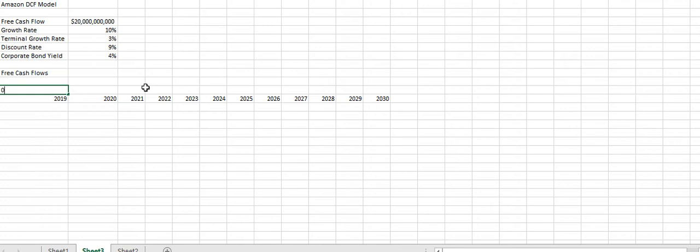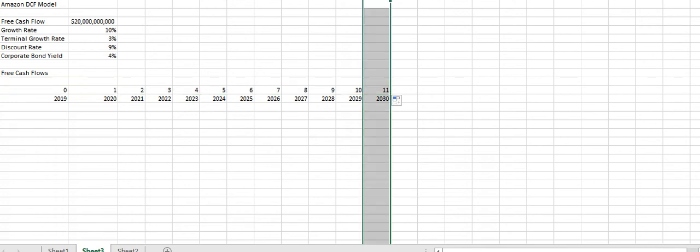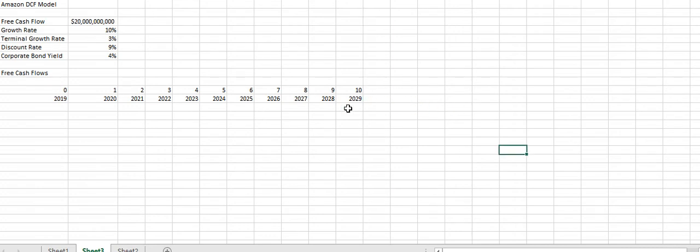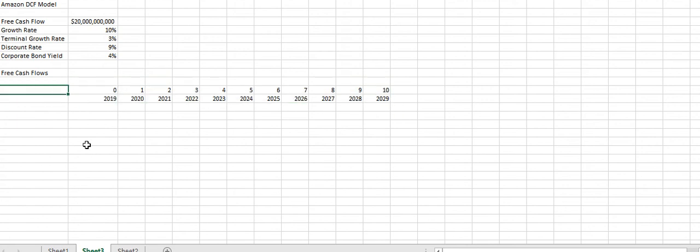And then 2019 will be year 0, year 1, year 2, and then we'll pull that out to, well, we're going to do 10 years in this example, out to 2029. And then I'm going to label these. Okay, so in 2019, we're going to use 20 billion.